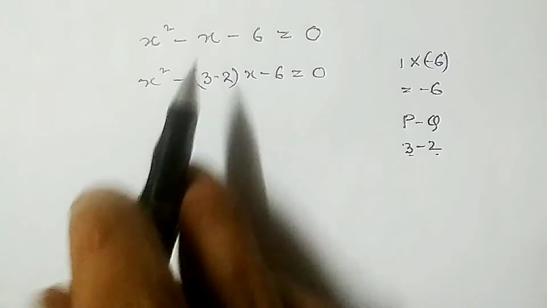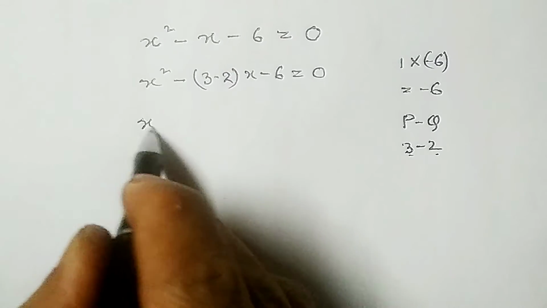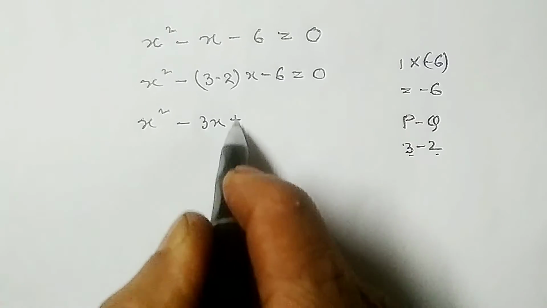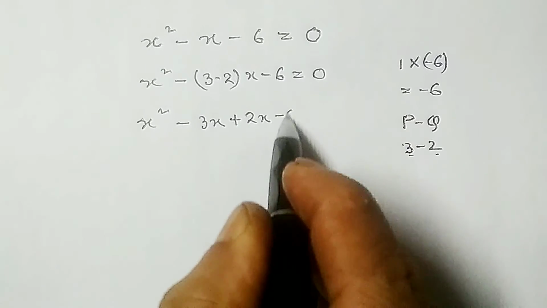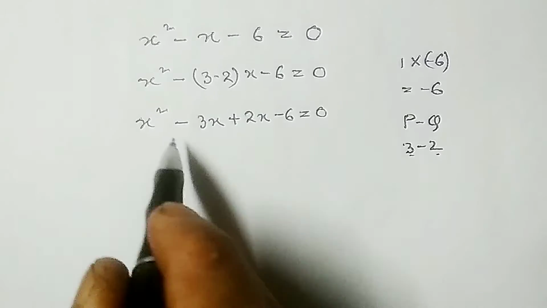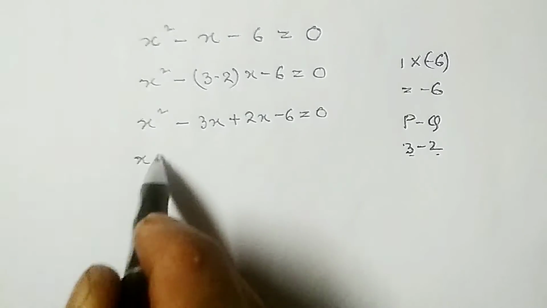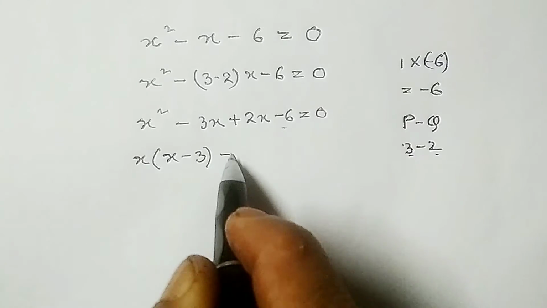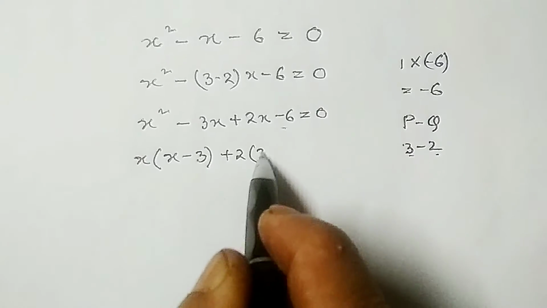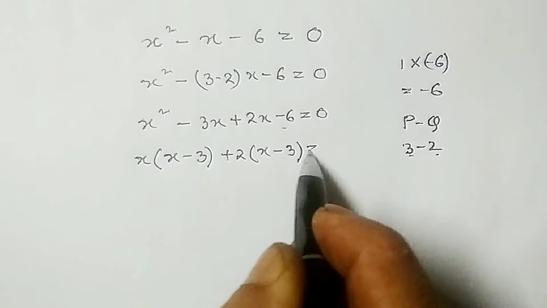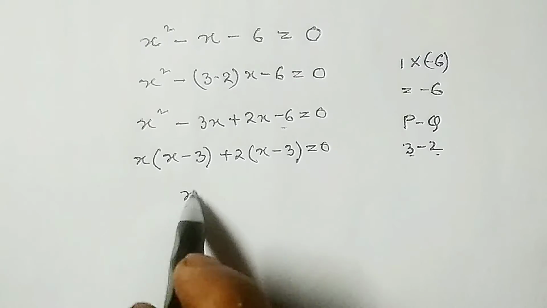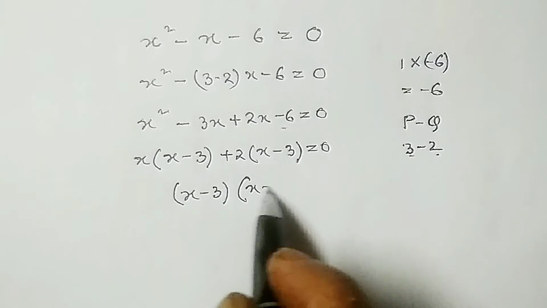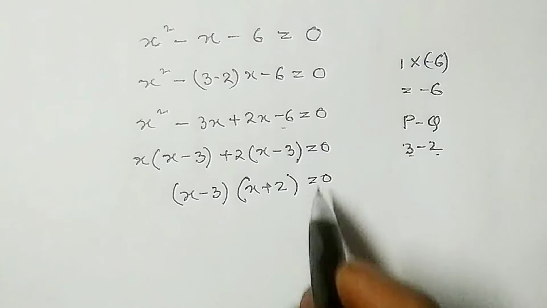So this can be written as x square minus 3x plus 2x minus 6 equals 0. From the first two terms, I take x common, leaving x minus 3. From the last two, taking plus 2 common, we are left with x minus 3. So it will be x minus 3 taken common, leaving x plus 2 equals 0.